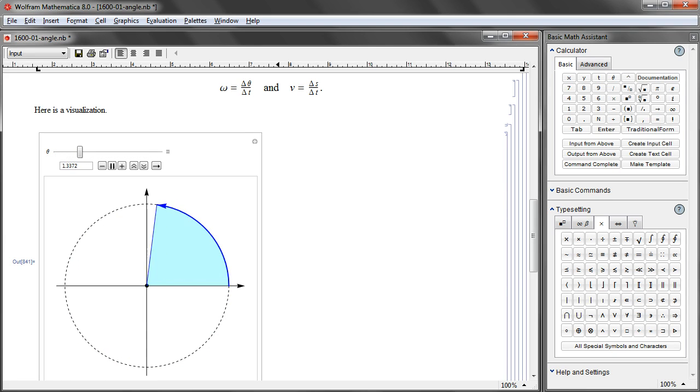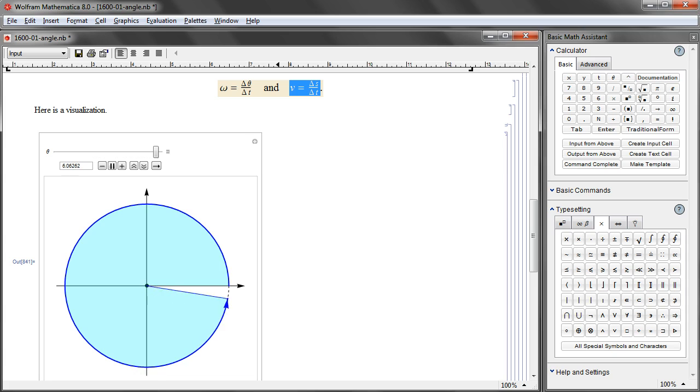If you look at how fast the tip of the arrow is moving, then you're looking at something called linear speed. So it is measured by the distance it traveled over time. It is v equals delta s over delta t. Delta s is difference of arc length, delta t is difference of time.